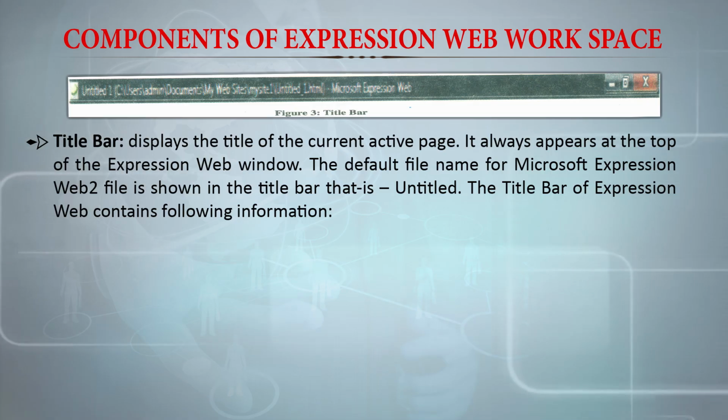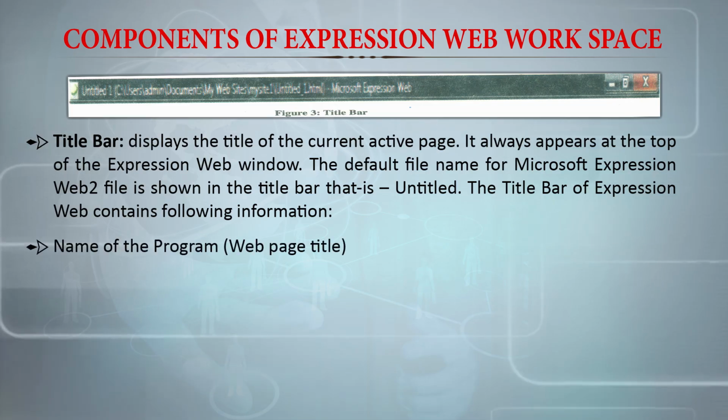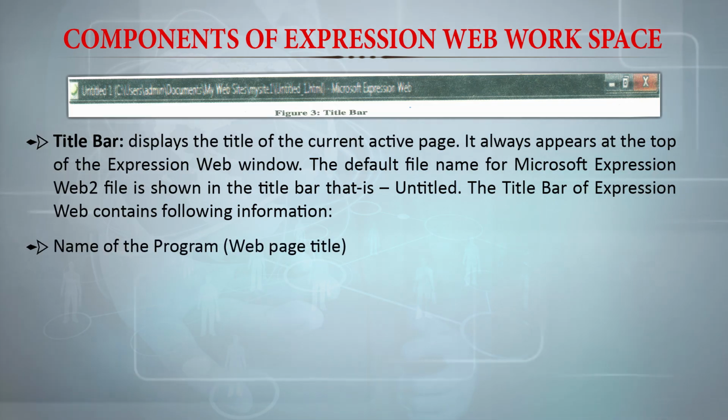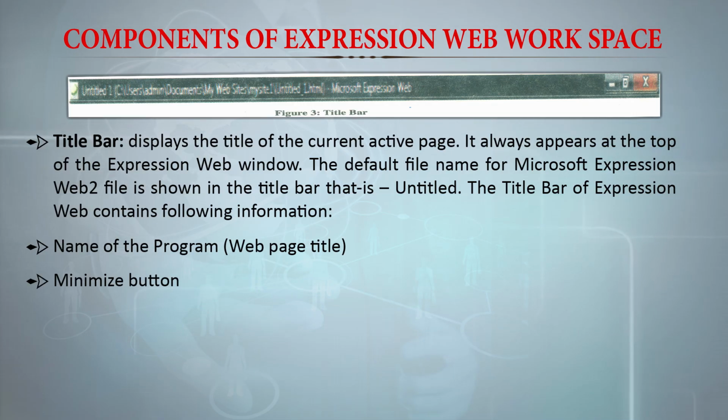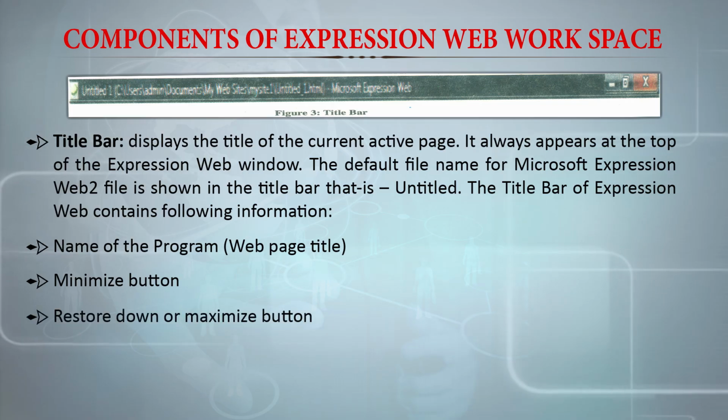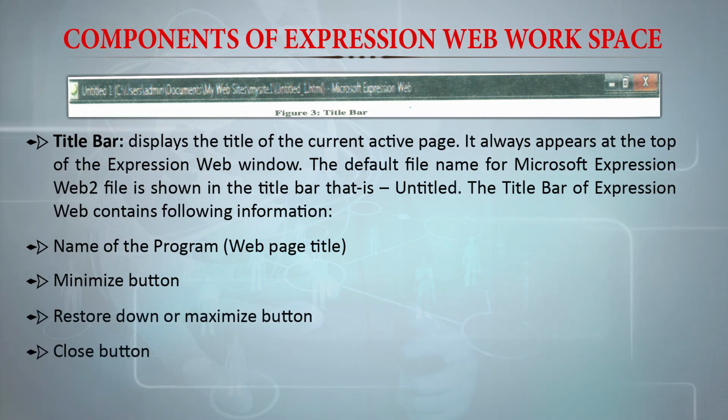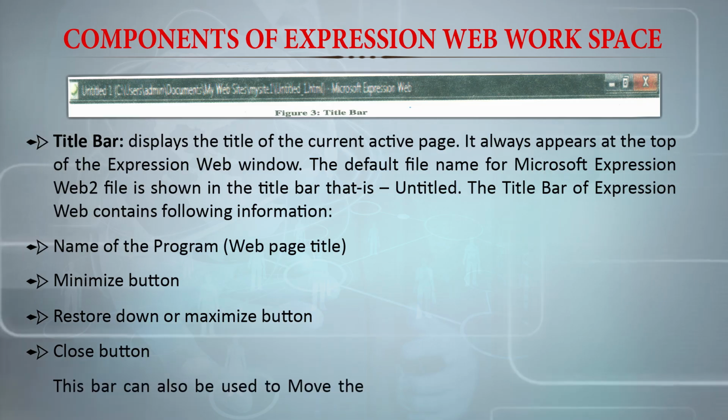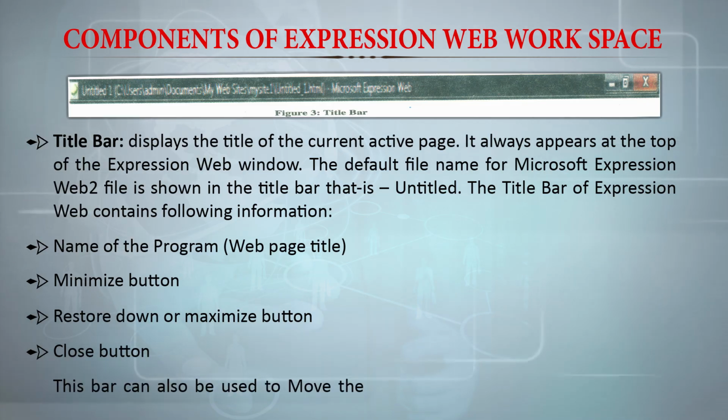The title bar of Expression Web contains information such as the name of the program. So, the title which you want to give to the web page, that will become the name of the program. Then you will have a minimize button, then a restore down or maximize button, then a close button. This bar can also be used to move the window.